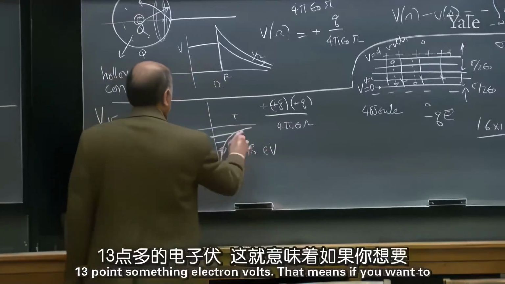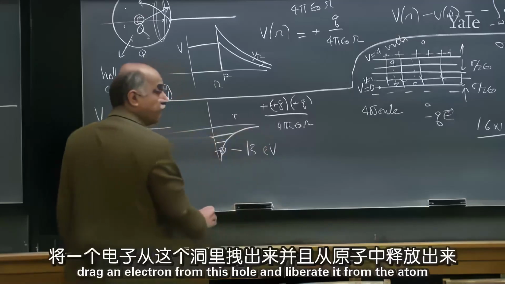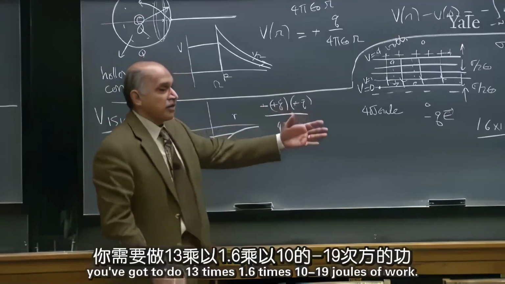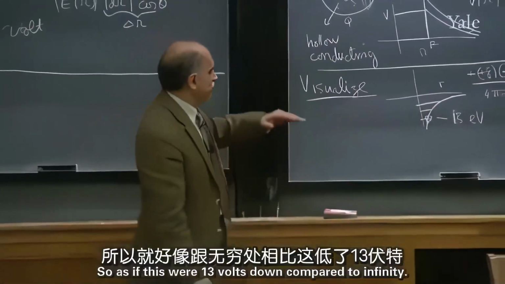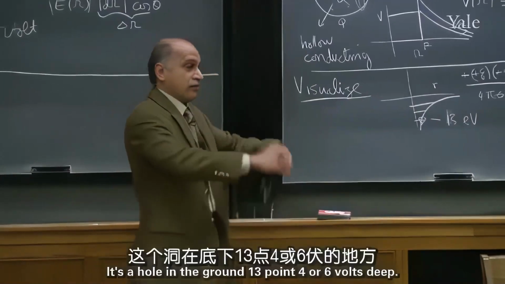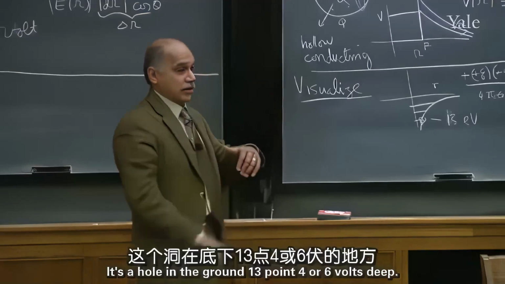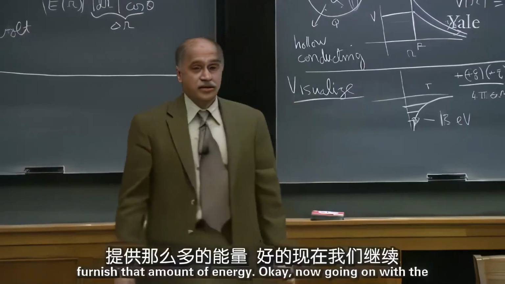That means if you want to drag an electron from this hole and liberate it from the atom, you got to do 13 times 1.6 times 10 to the minus 19 joules of work. So as if this were 13 volts down compared to infinity. It's a hole in the ground, 13 point 4 or 6 volts deep. So if you want to liberate that electron, you have to furnish that amount of energy.